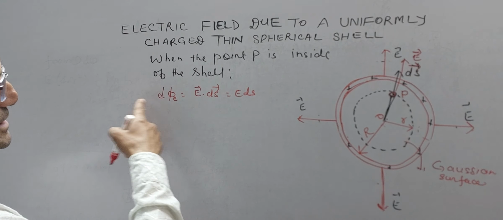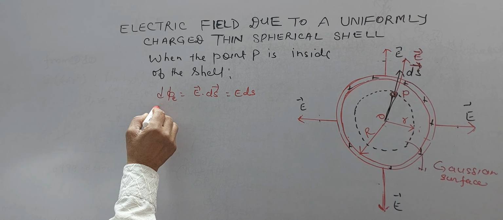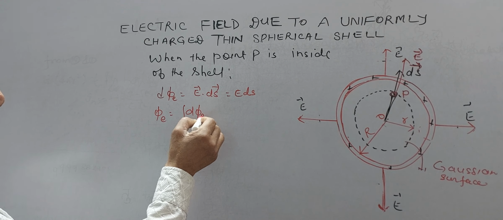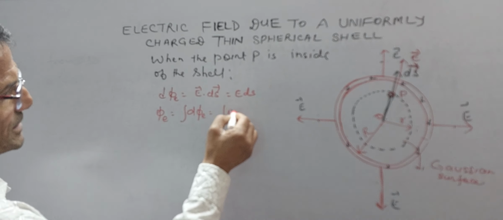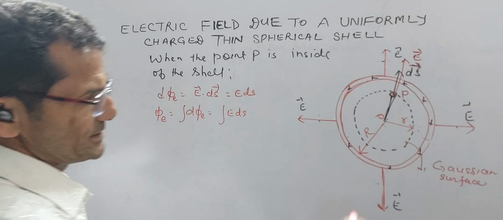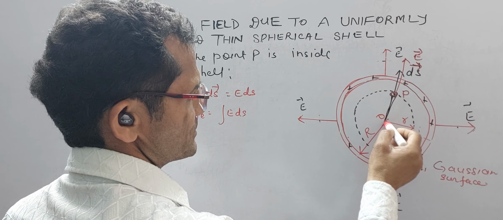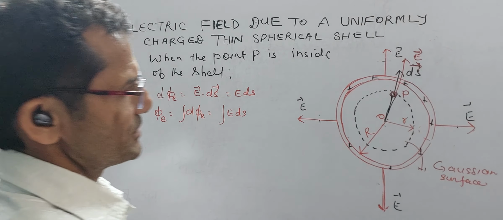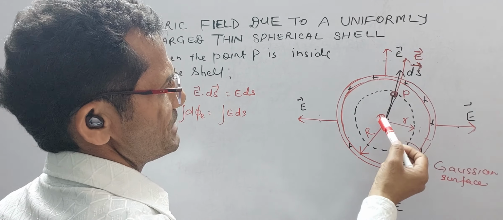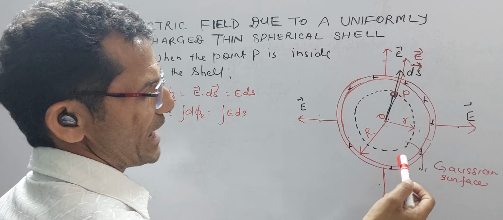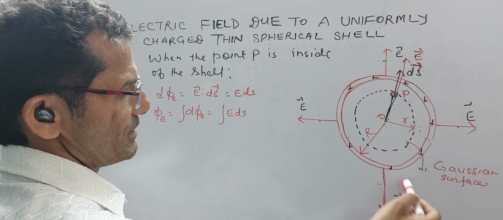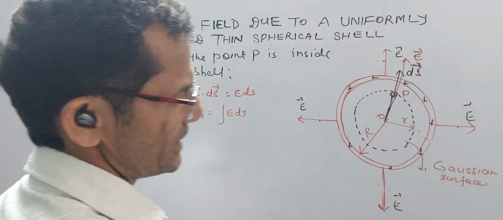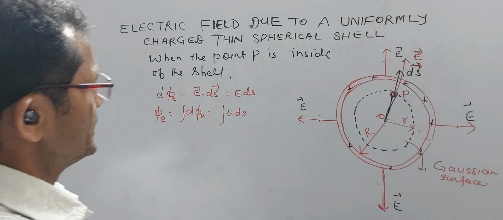We have to integrate this. The total flux phi E is equal to the integration of d phi E, which is the integration of E dS. The electric field at the same distance from the center will be the same in magnitude, so E is taken out.